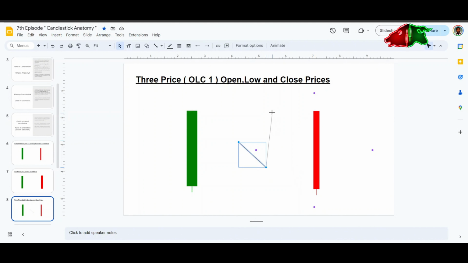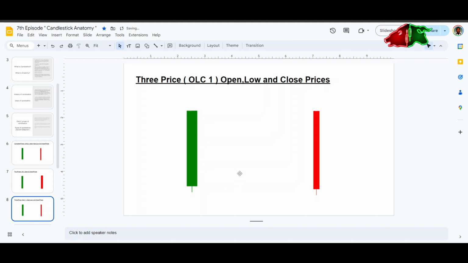And why is that? Because the green opens from the bottom and closes at the top. Then the bearish opens at the top and closes at the bottom. The only thing they have in common is the wick, but these candles don't have a high wick, they only have a low wick. So low price. Simple. So these are candles with only 3 prices.